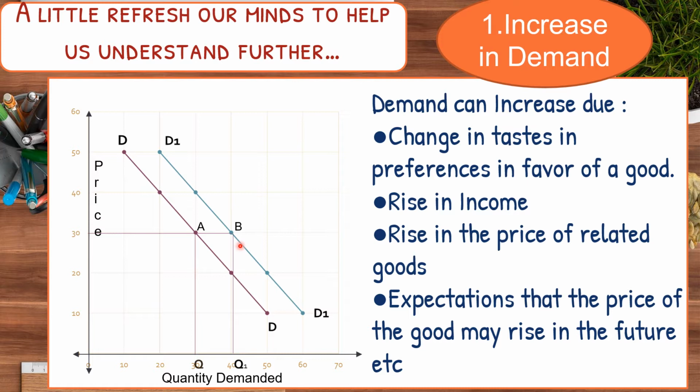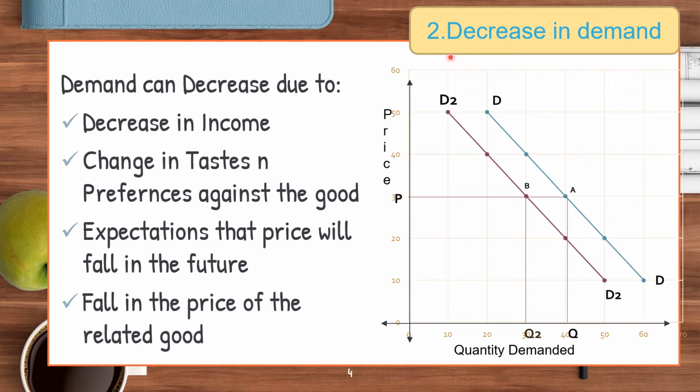Let us now move on to study or revise the second case, that is decrease in demand. The second case of shifts in demand or changes in demand due to factors other than price changing is decrease in demand. Demand can decrease due to a decrease in income.